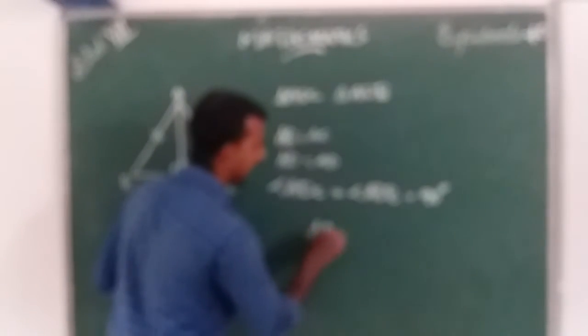The next question is: is triangle ADB congruent to triangle ADC? That is, triangle ADC is congruent to triangle ADB. Is it right? Yes, it is right.